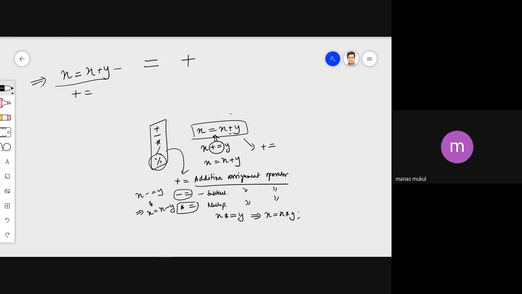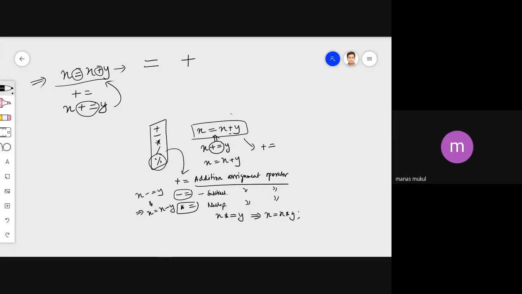So the above expression can also be written like this, which means the same thing can be written using a special operator, which is a combination of this plus this.